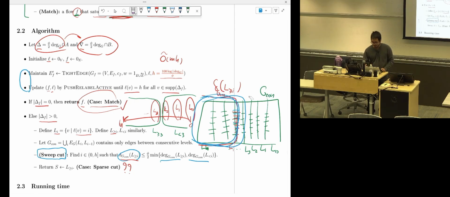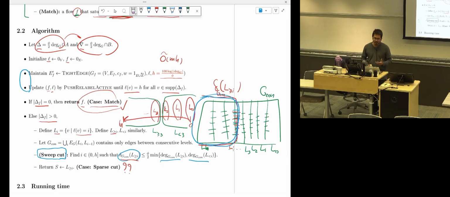How would you do everything in total linear time? As you move through the layers, you can keep track of which layers each edge that you've already entered is going to, right? And then only remove it after you've gone past that level.